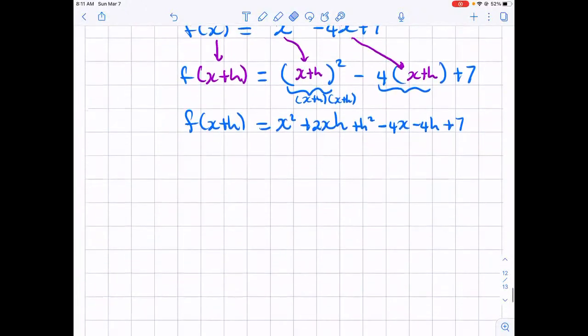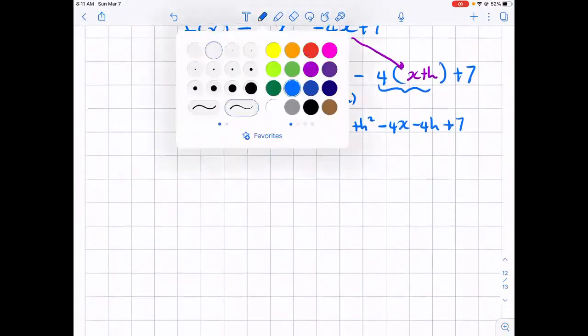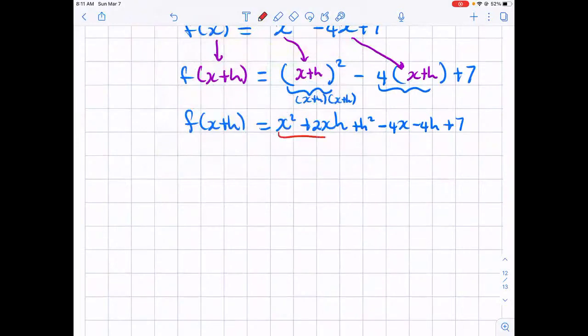So now I can use the difference quotient. This here is my f of x plus h.